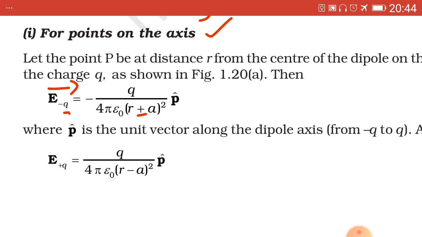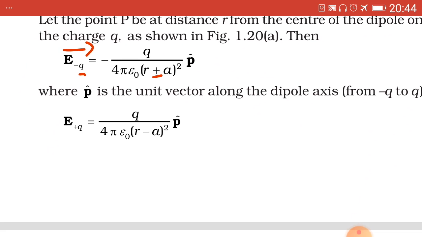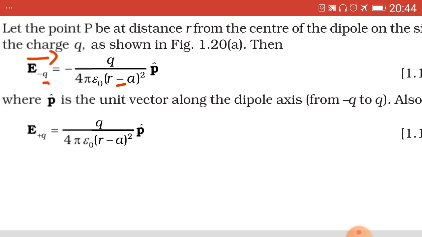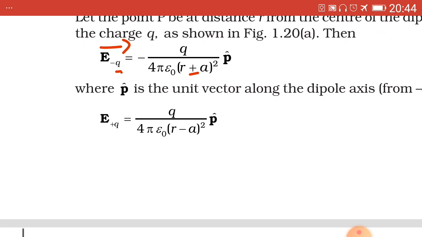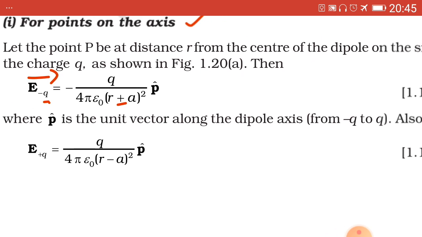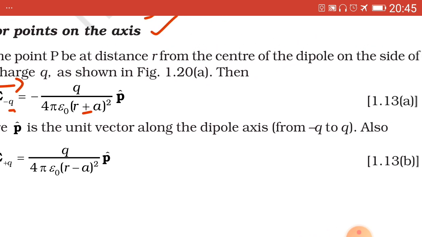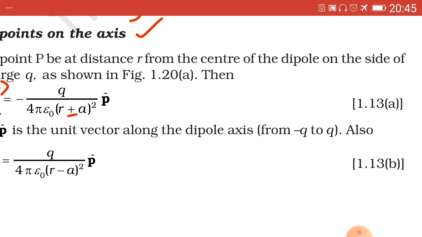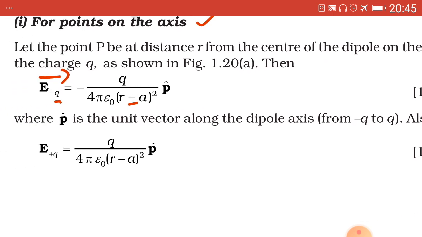Now this can be written as minus kq upon r square. That much you can remember in your mind. So it will turn out to be like this if you put up the value of k. The equation has been tick marked. Here, how to remember? Minus q charge is there, then in the r there will be r plus a, opposite sign, and we had unit vector from minus q to plus q.